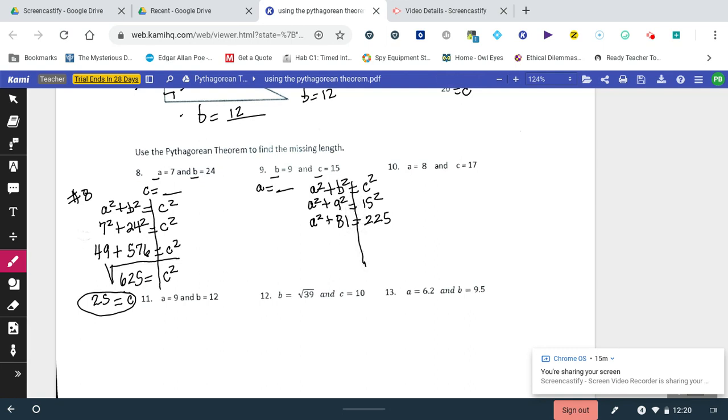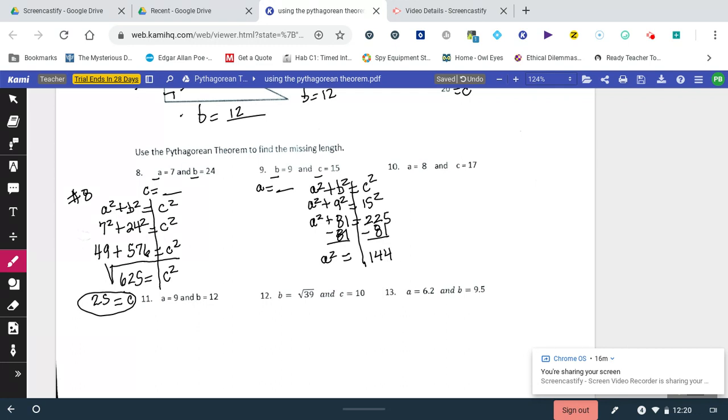Okay, notice that A is not on the side by itself. So to get A on the side by itself, I need to get rid of 81. So I just do the opposite. So that means A squared is equal to 144. We're going to make it through, guys. I'm almost done. 144.